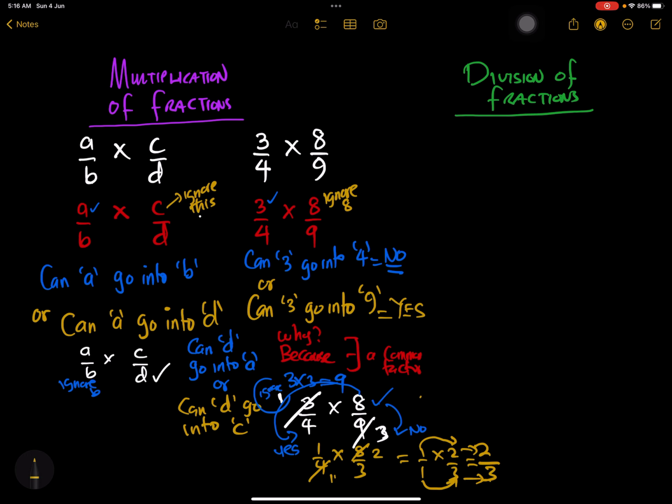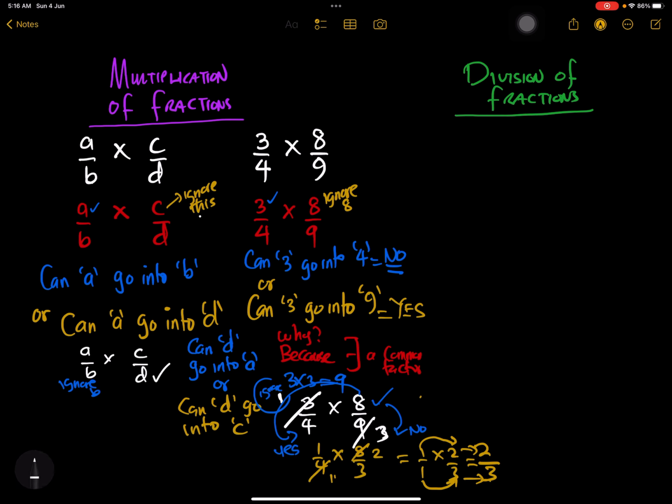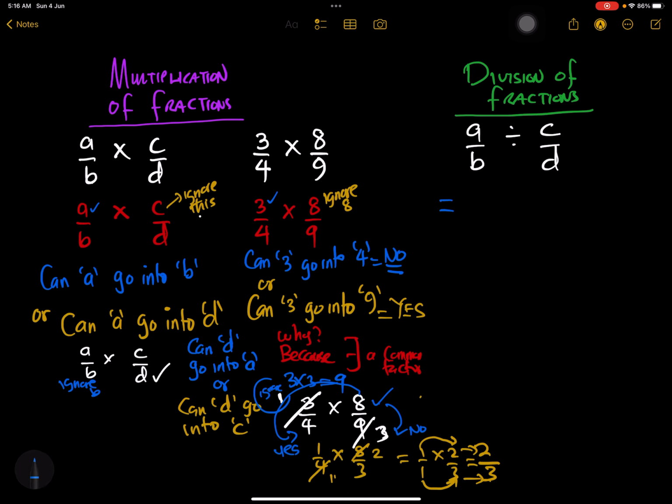Okay. Now, we're going to division of fractions. The difference between multiplication and division of fractions is that if you have two fractions, let's say a over b divided by c over d, the first thing you need to do is change the division sign to a multiplication sign. So it's going to be a over b, we change the sign into multiplication.